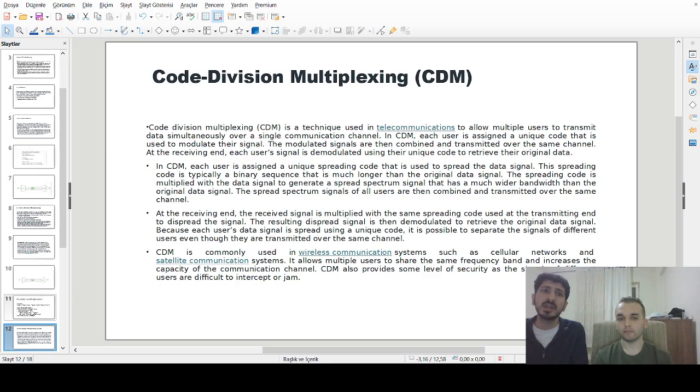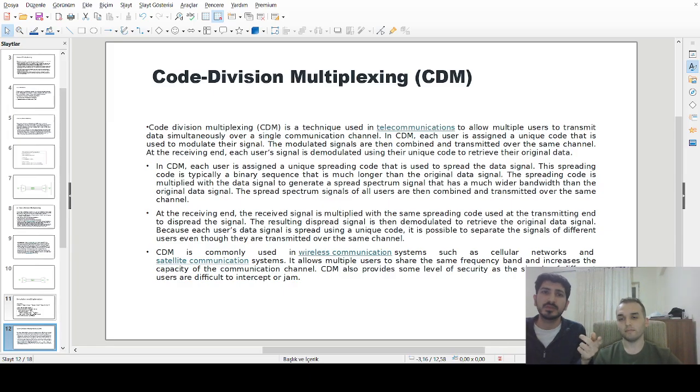In CDM, each user is assigned a unique spreading code that is used to spread the data signal. This spreading code is typically a binary sequence that is much longer than the original data signal. The spreading code is multiplied with the data signal to generate a spread spectrum signal that has a much greater bandwidth than the original data signal.